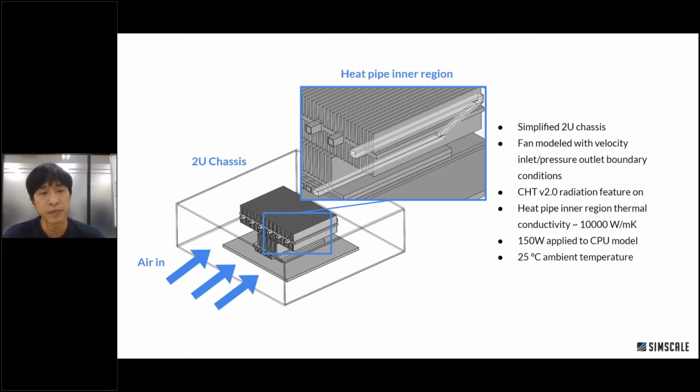The heat pipe is modeled as a combination of the heat pipe shell, which is copper, and its inner region, whose thermal conductivity is about 10,000 watt per meter Kelvin, which is about 25 times bigger than the thermal conductivity of copper. And we applied 150 watts to the model of the CPU, and we set the ambient temperature to 25 Celsius degree.